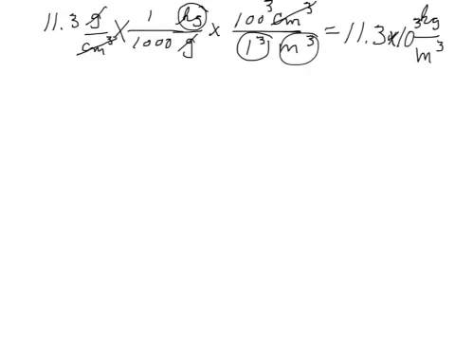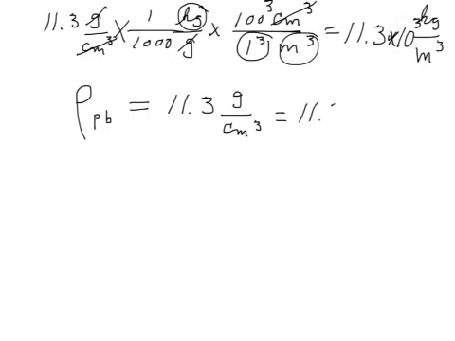Okay, that's a little sloppy, but if I write this out, try to get it a little neat: the density of lead, the symbol for lead is Pb, equals 11.3 grams per cubic centimeter equals 11.3 times 10 to the 3rd kilograms per meter cubed.